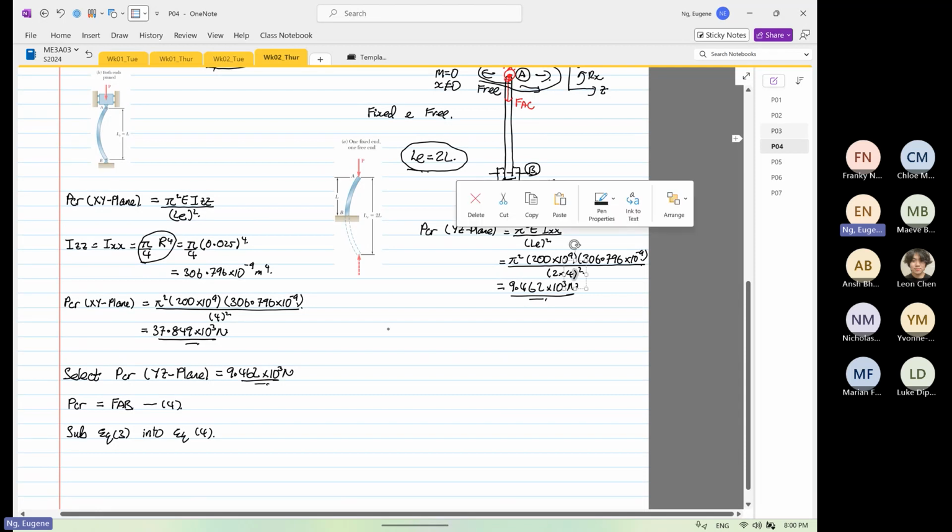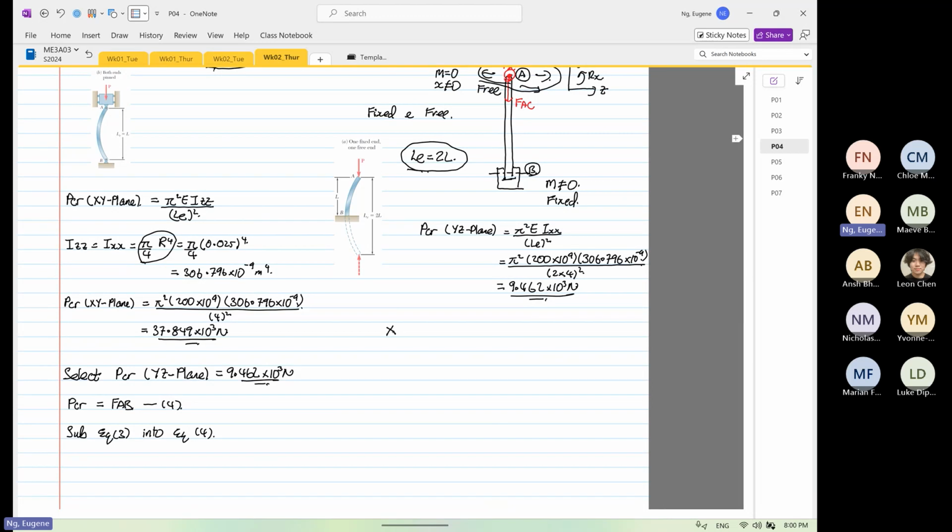So if we view this in the Y plane, if we view it this way, the critical load is going to apply at the, let me draw this properly. So this is about the XY plane.